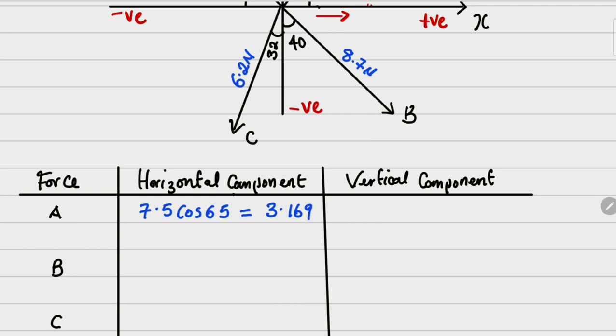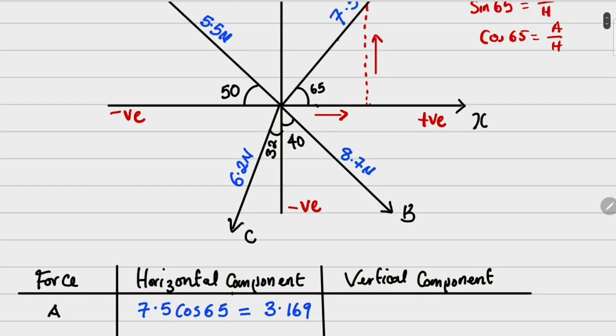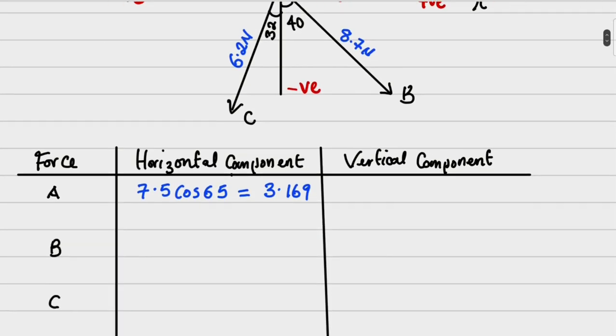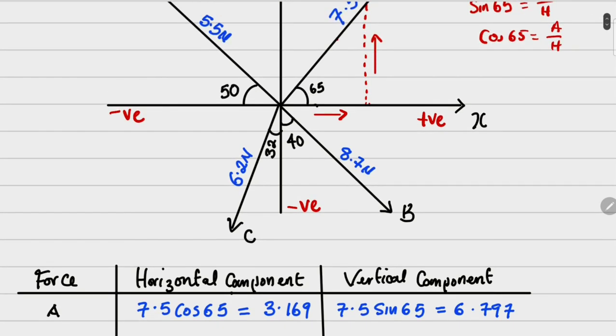So I'm done with this. Then I'll go over to get the vertical. Remember, it's still positive, which will be equal to 7.5 sin 65, and once I punch my calculator, I'm going to have 6.797.